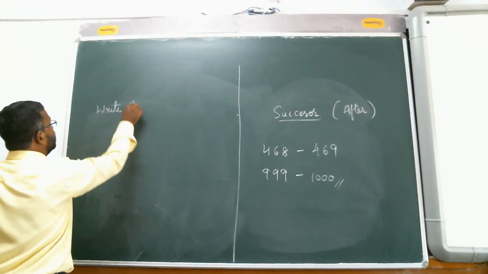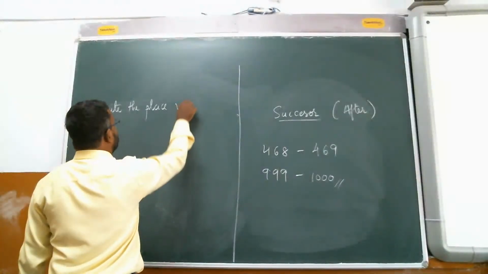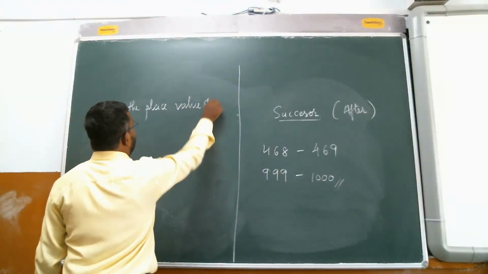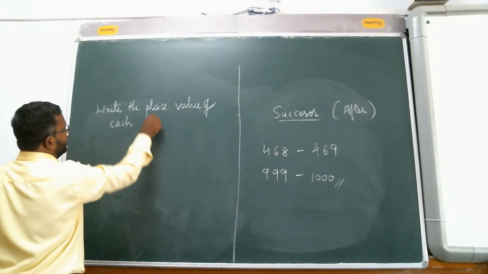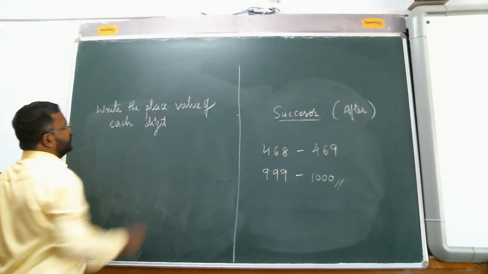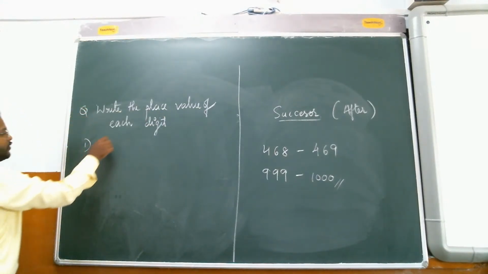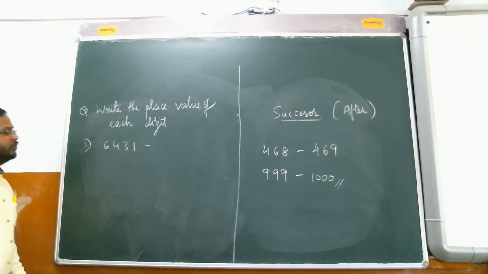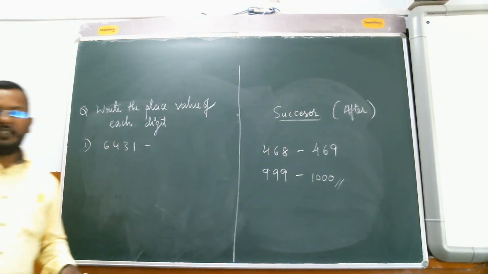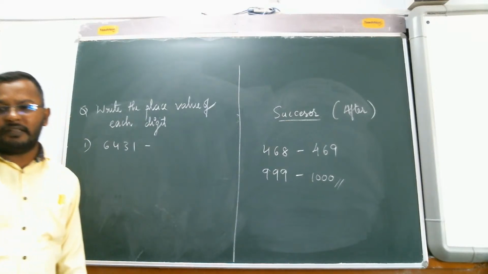Write the place value of each digit. Let's take the first question, 6431. Now you have to take each digit and write its place value.